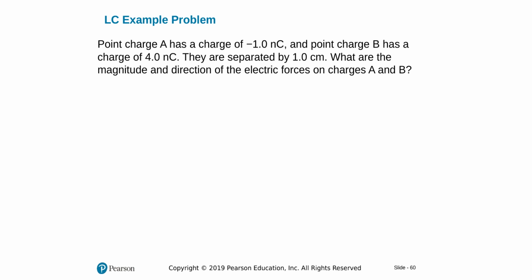This question says point A has a charge of -1 nanocoulomb, point B has a positive 4 nanocoulomb. They are separated by 1 centimeter. What are the magnitude and direction of electric forces on charge A and B?